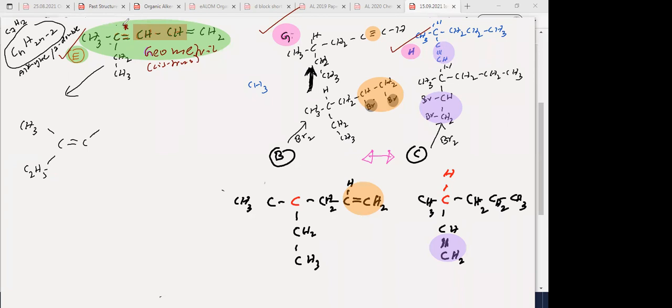Look at here. I am taking this double bond. I have put a star here. That one. I have put a star. So I'll put a star here also. Then you get this side H, and this side you get the entire thing as CH double bond CH2.